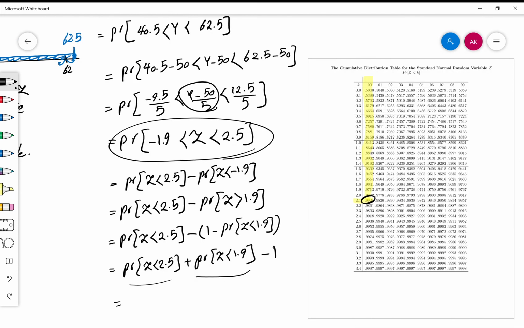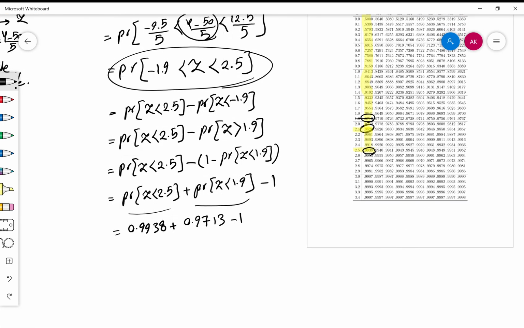What we have here is 2.5. 2.5 is here, and the second decimal is 0, so that gives us 0.9938, plus 1.9 is somewhere here. Yes, 0.9713, minus 1. And well, we have to add these two.